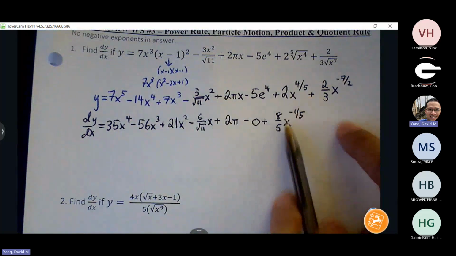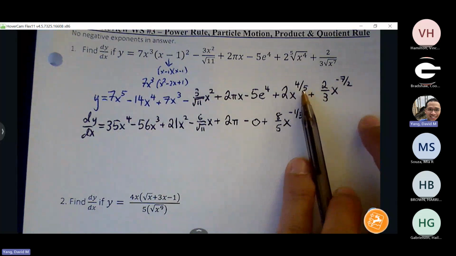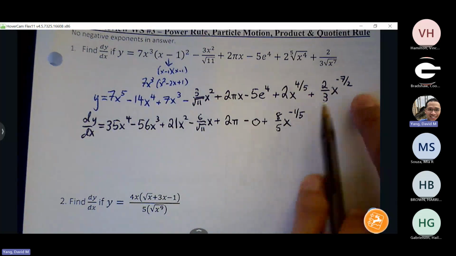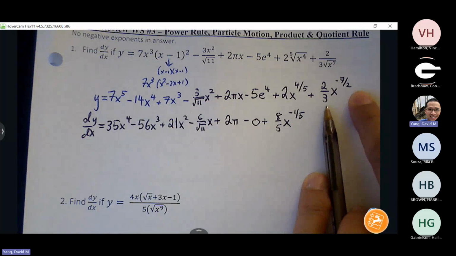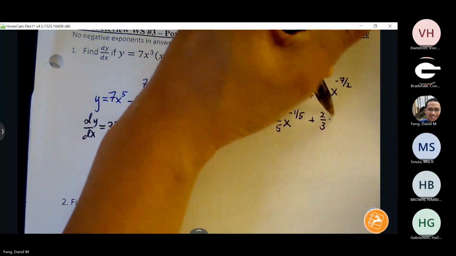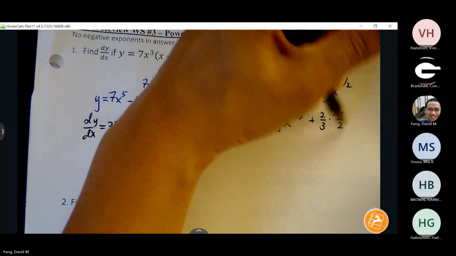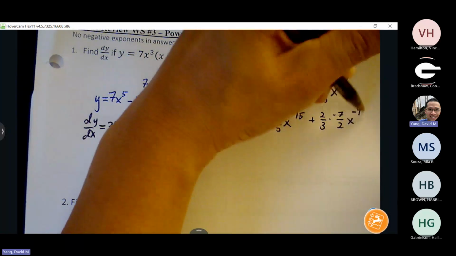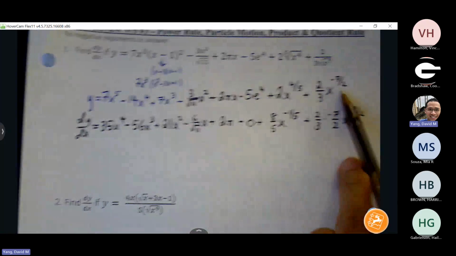Once we bring that 4/5 down, we subtract 1 from the exponent. 4/5 minus 5/5 is -1/5. 2/3 times -7/2. And then we're subtracting 1 from the exponent.